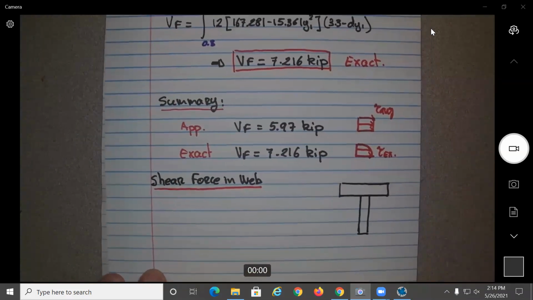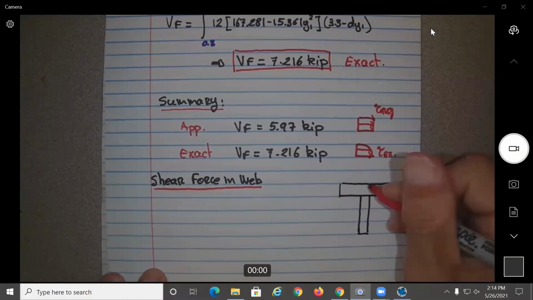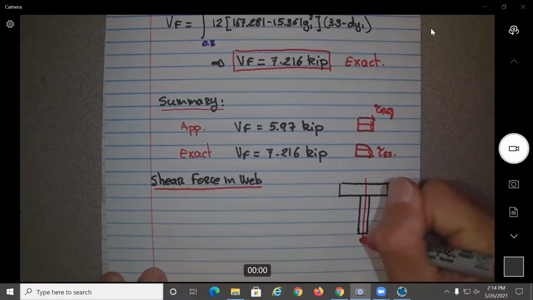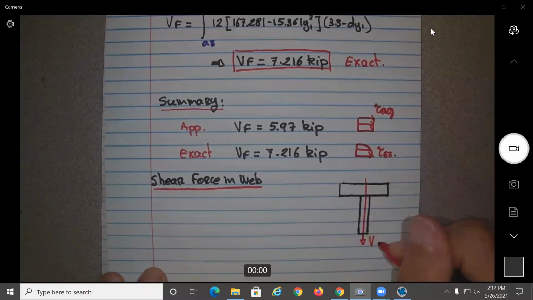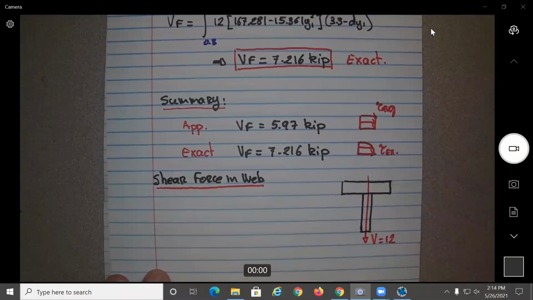I'm not going to do any big derivation. What you know is the total shear going throughout the cross section is 12. What did we just derive? The shear going through the flange, the exact would be 7.216, all right?